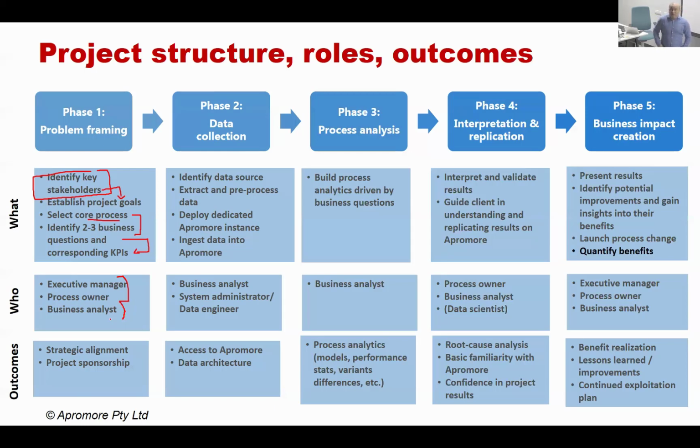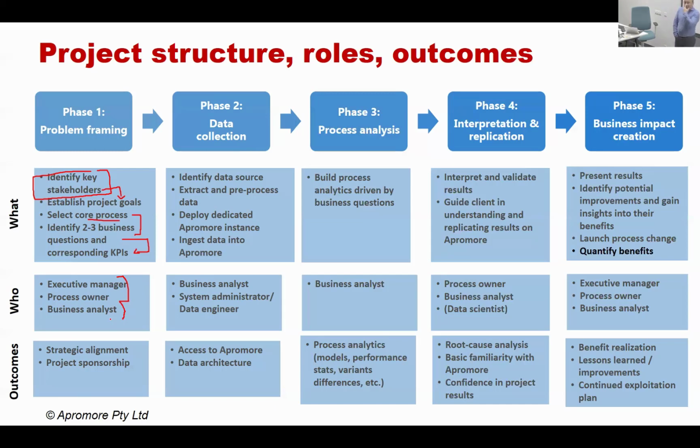So if our project involves improving a process for order to cash, we really need to have the owner of that O2C process on board into our project management team. And of course, possibly a business analyst or an expert in process mining who will be able to drive the formulation of the business questions and the identification of the KPIs in such a way that it is realistic to assume that we will be able to answer those questions.